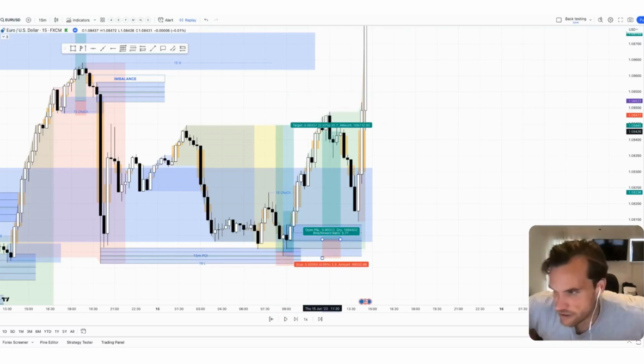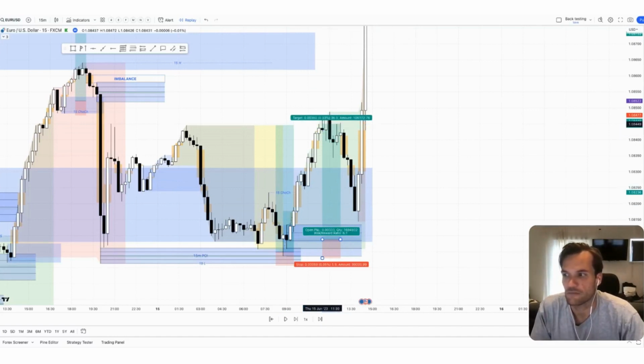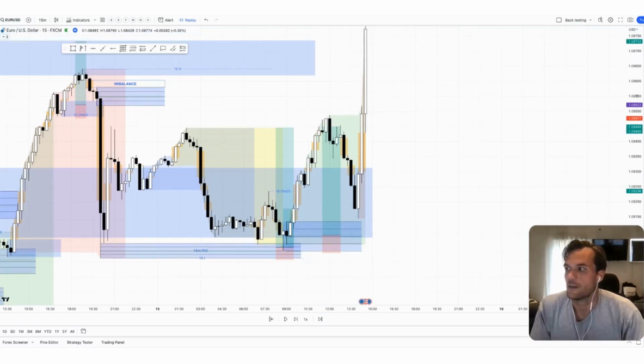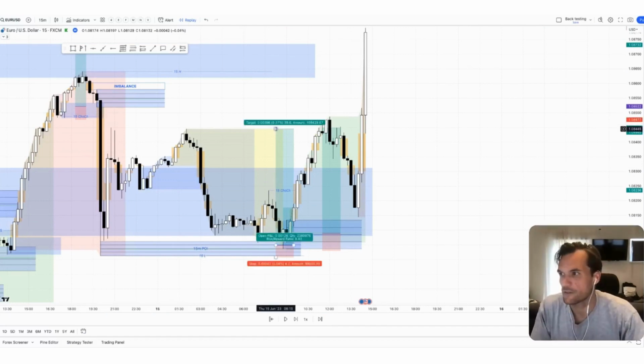I do change the strategy slightly when there's huge news events around, because I don't want this happening where I'm coming back to almost my entry waiting for news. So if I'm in good amounts of profit, I'll rather lock that in than risk losing it all. This one, it would have paid off, could have been huge, but it could also have been like this one. So you sort of have to trade the news how you would always trade the news.